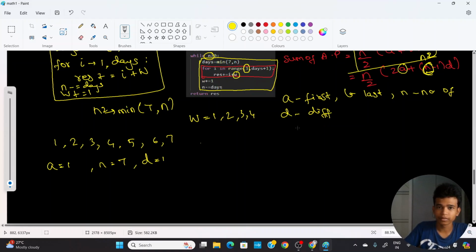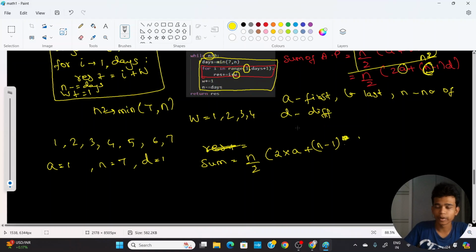So just apply it. Instead of this, I can write result plus equal to sum, where sum is n by 2 into (2 into a plus (n minus 1)), we don't need to multiply by 1, right?